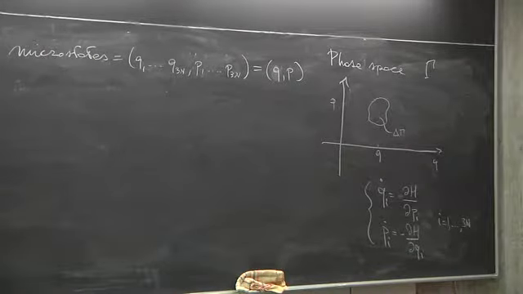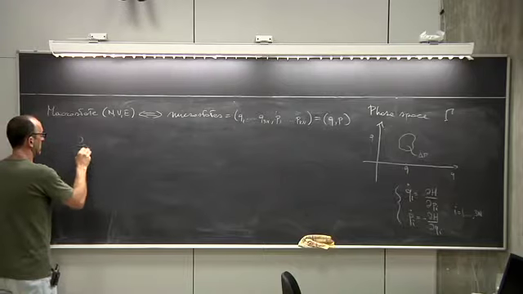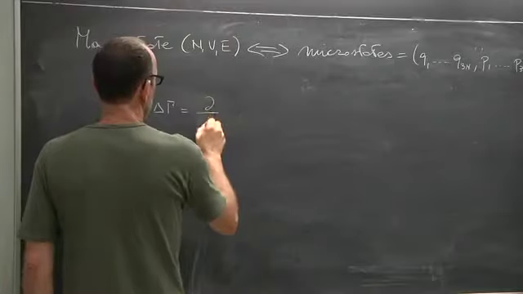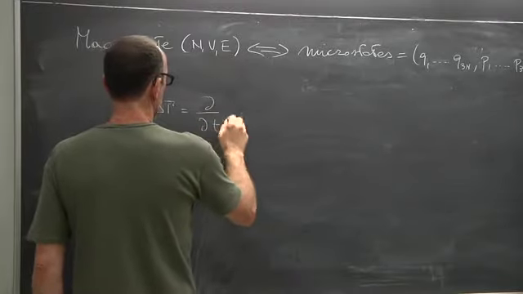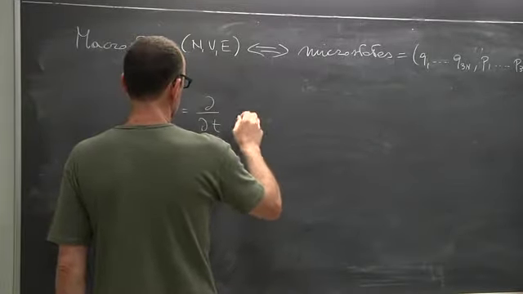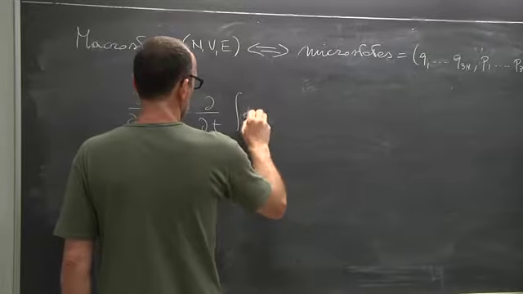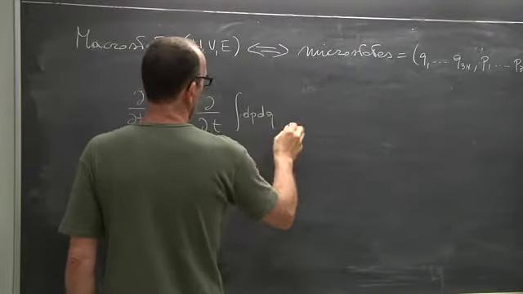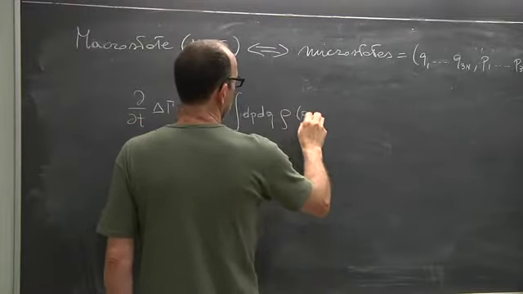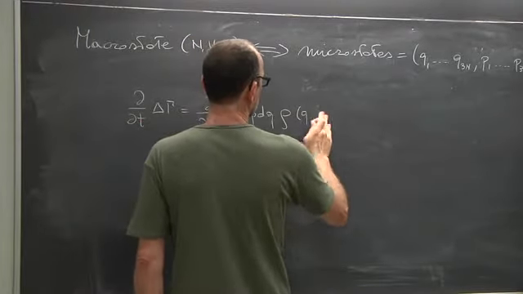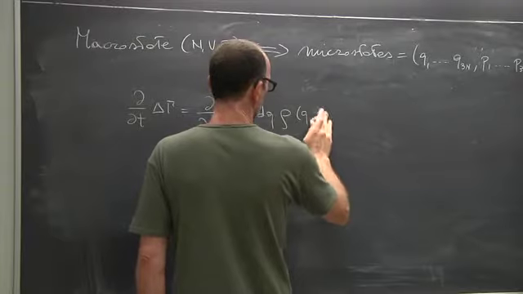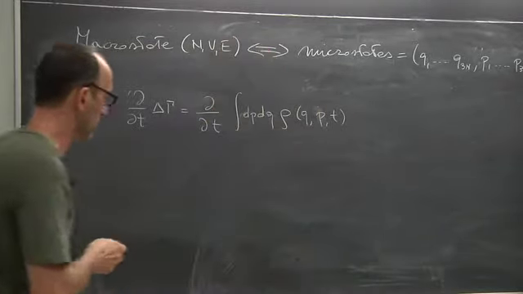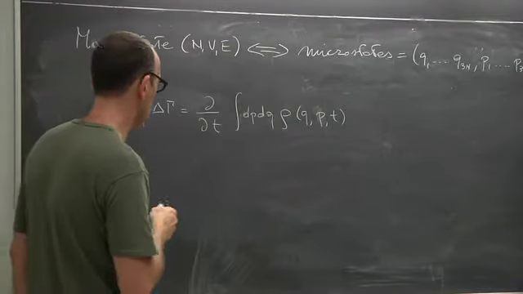Well, the change in time of this delta gamma will be essentially the change in time of the integral of the density rho of q, p, and t. And I'm allowing also for time dependence, okay?